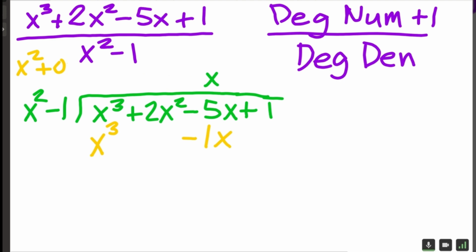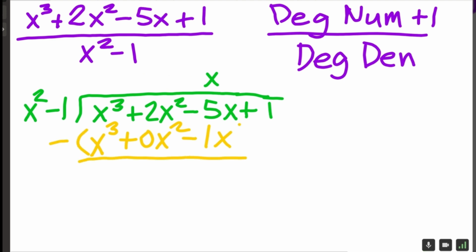If we had x times a 0x, we'd have a 0x squared. We can either multiply it through by including the 0x term, or just know that the x squared term is involved. We're just going to use 0x squared as a placeholder, because when we subtract the difference here, we know this is 0.